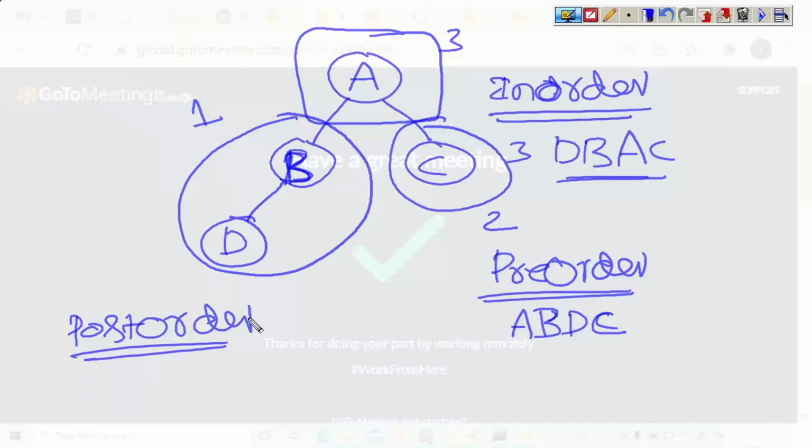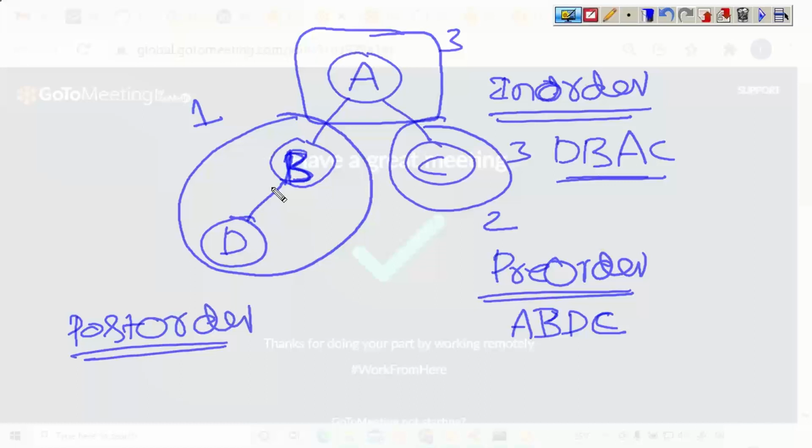So on the left side we have to go to B. For this B, the same post order applies. Whatever you apply for the root, the same is applicable for the children also. Now for B, you go for post order. In post order, B should come after left and right.